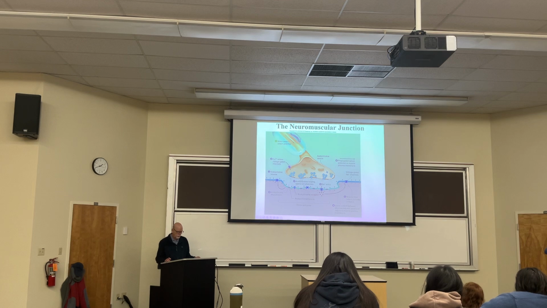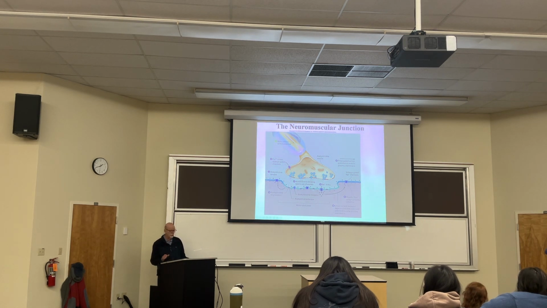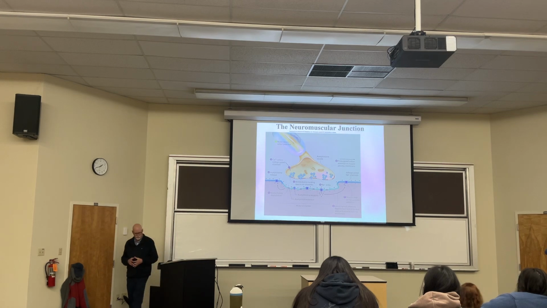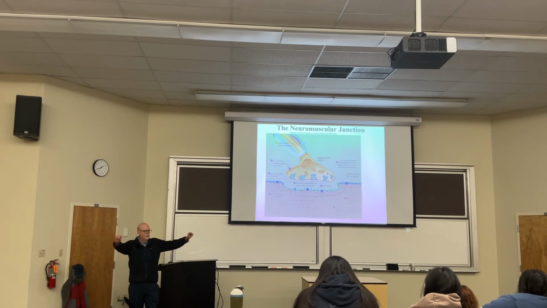It binds to nicotinic acetylcholinergic receptors, and that then causes the sodium to come in, and you initiate action potentials in the membrane, the sarcolemma now, of the muscle, and it goes in both directions.